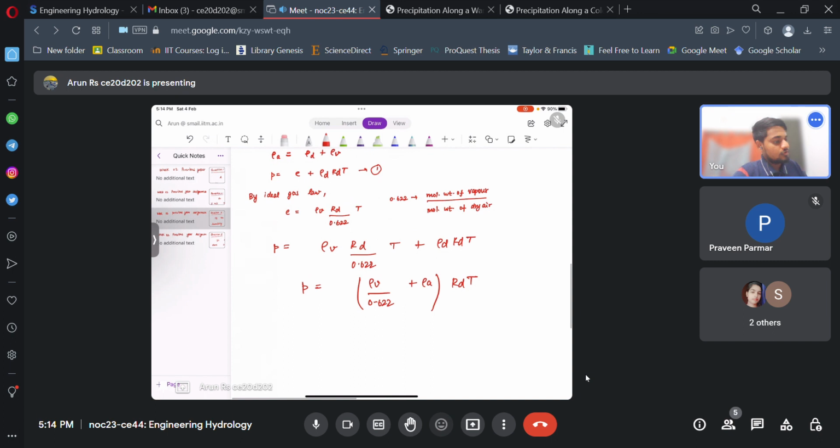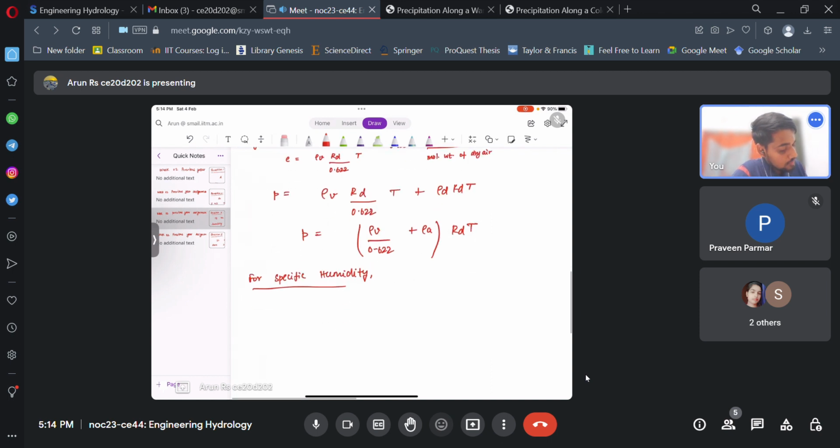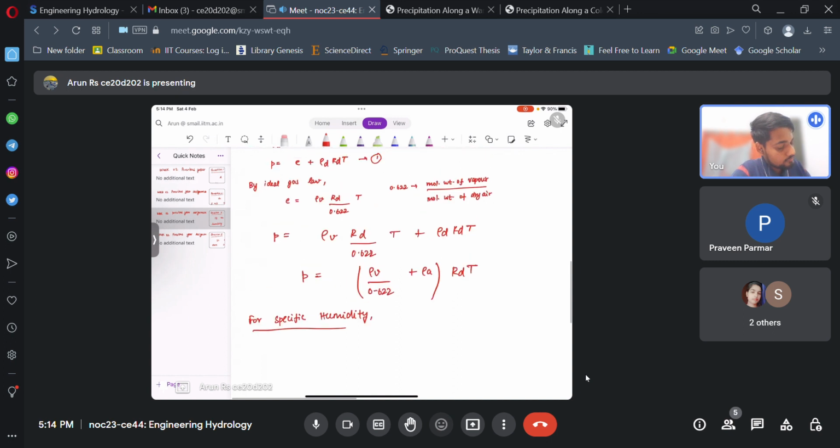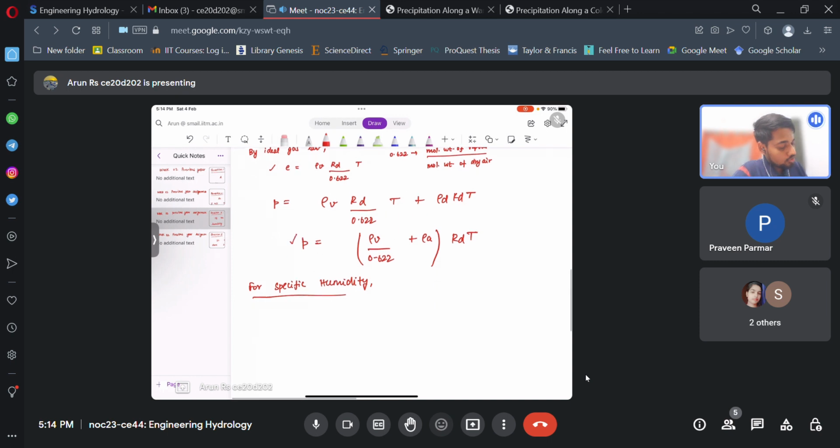Now what we are going to do is to get the derivation for specific humidity. I am going to take the ratio of your vapor pressure to the total pressure.